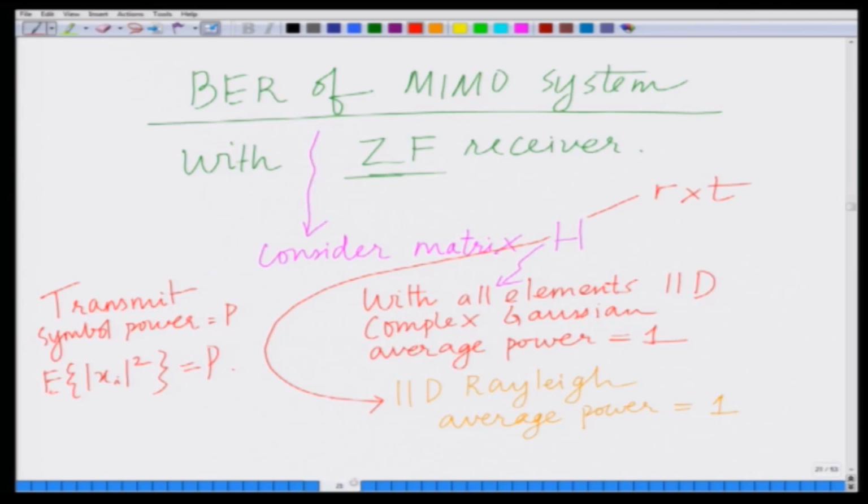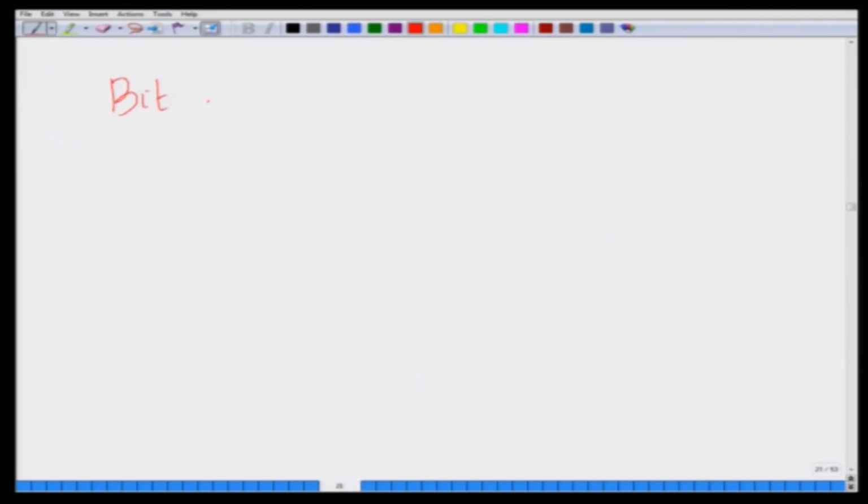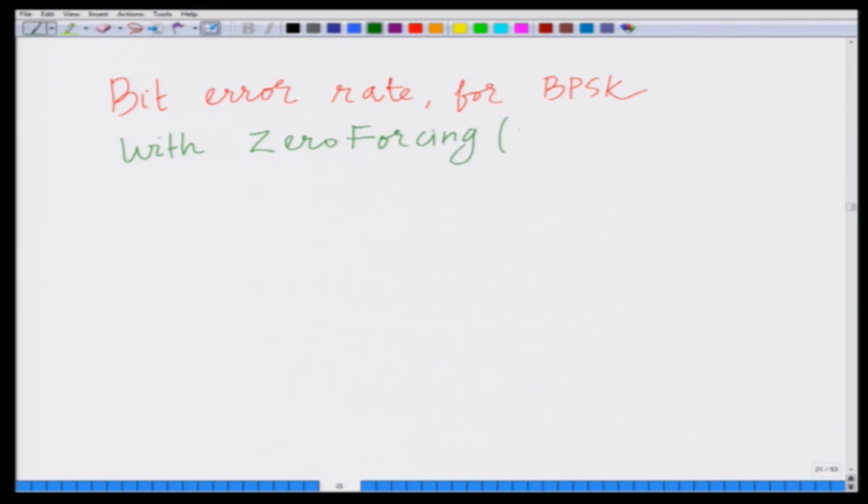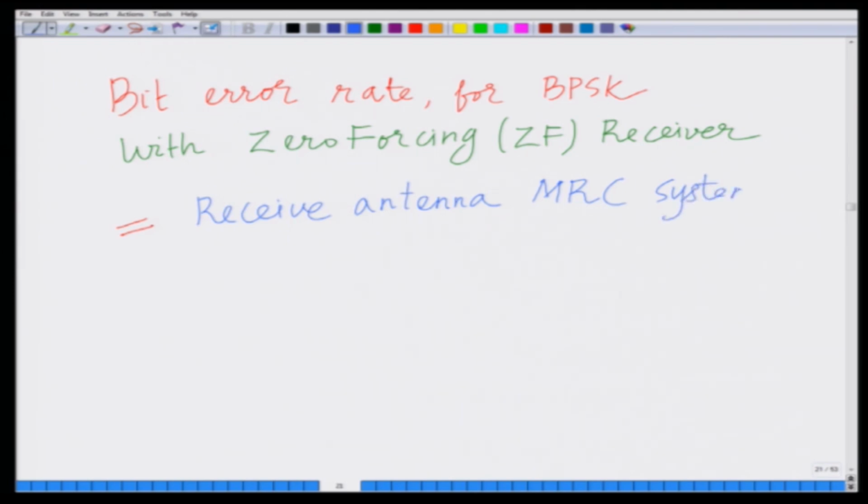Then the bit error rate for BPSK with zero forcing reception, that is considering the zero forcing or ZF receiver, is basically equal to that of a receive antenna system or receive diversity system with maximal ratio combining, that is the receive antenna MRC system, which we have seen before, with L equal to R minus T plus 1 antennas.